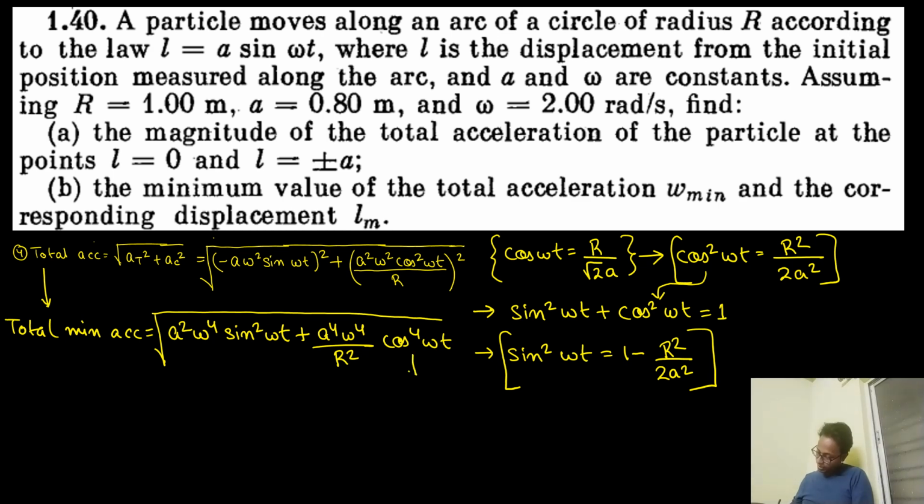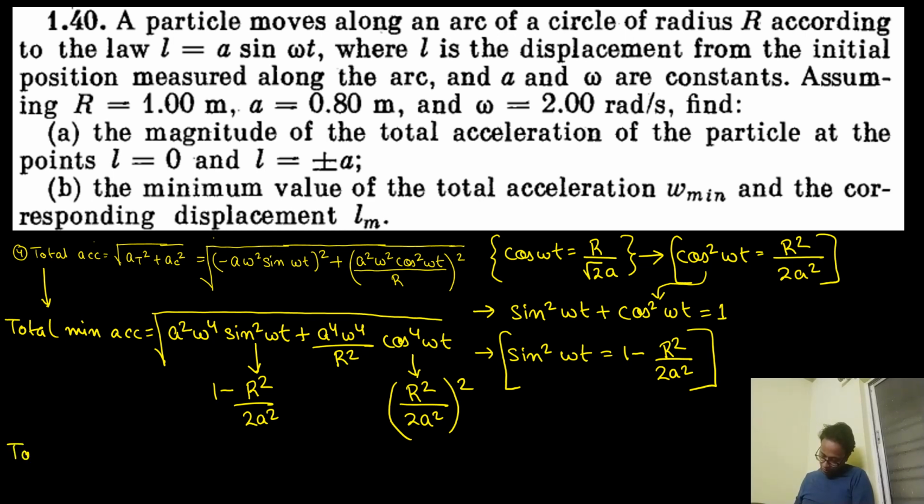So out here cos to the power 4 omega t is nothing but r square by 2a square whole square, because this is cos square and this is cos to the power 4. Similarly, sine square omega t is nothing but 1 minus r square by 2a square. So out here I'm taking a square and omega to the power 4 outside.